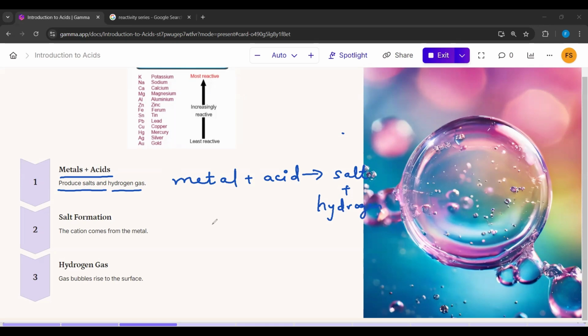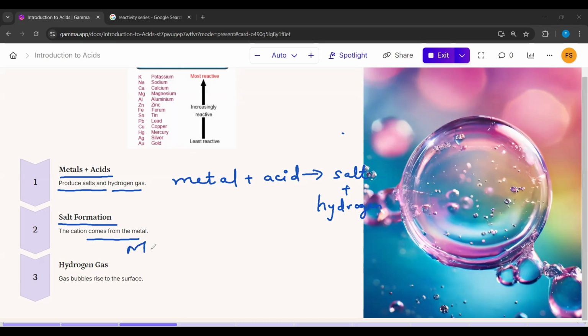Now we just saw that if it is hydrochloric acid, then it always gives a chloride. For the salt that is formed, the cation comes from the metal, so whatever the metal is, the cation comes from the metal and the acid gives the anion. Let's see an example.